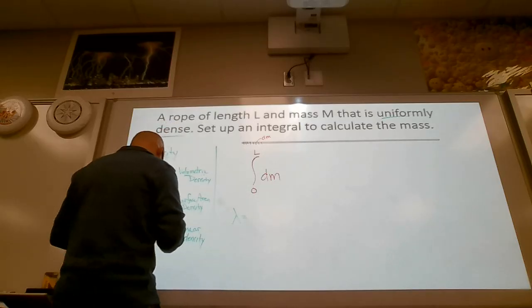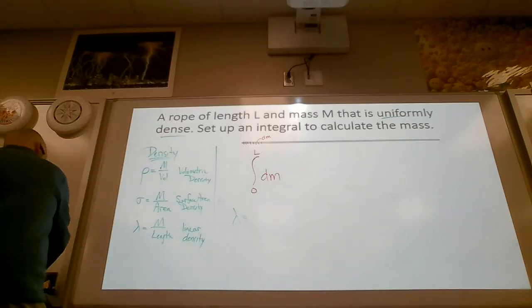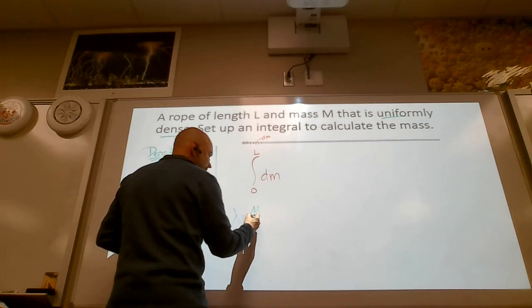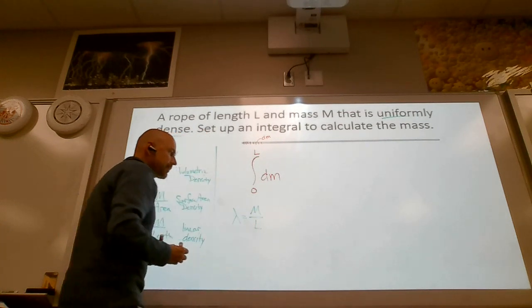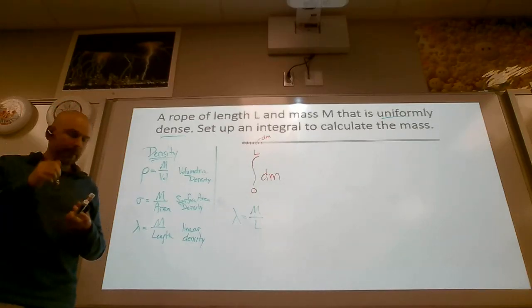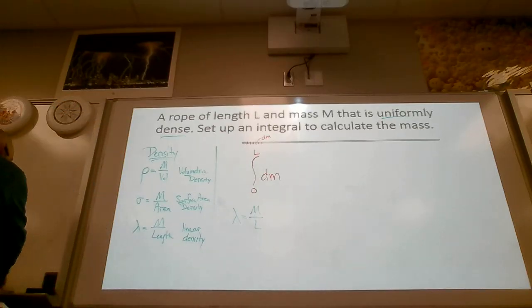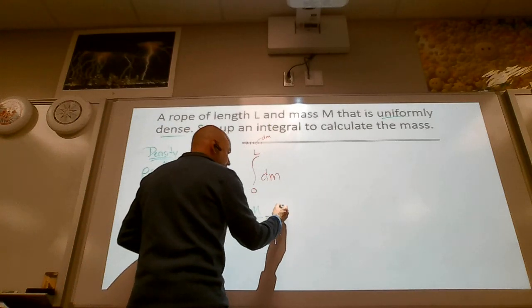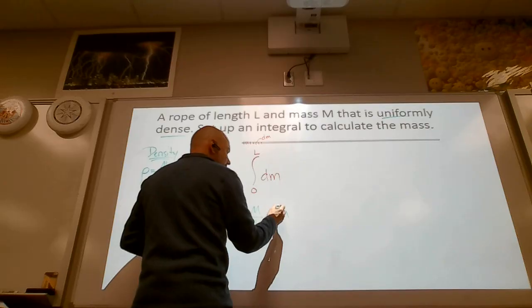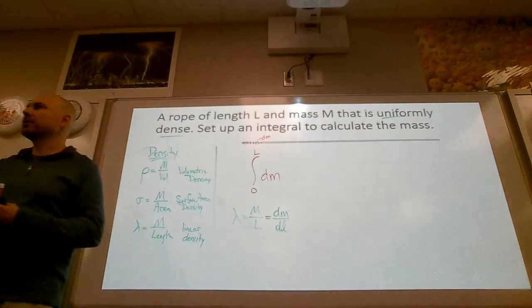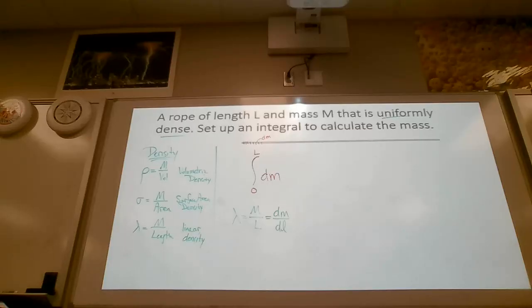I know that this is mass over the length. Since that's uniformly dense, I can say a little chunk of mass over a little chunk of length has that same ratio.